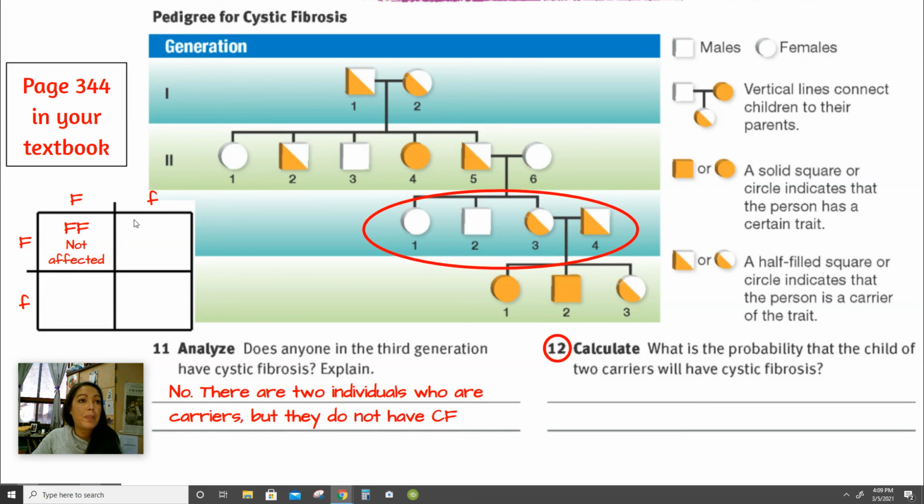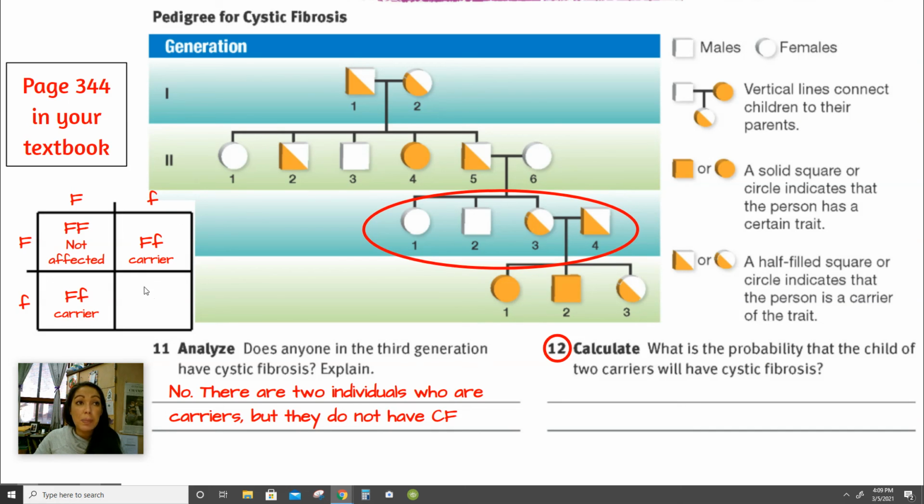My second possibility gets a capital F from the left parent, a lowercase f from the top parent. They don't have cystic fibrosis, but they carry it. My third possibility would get a capital F from top, a lowercase f from the side. They don't have cystic fibrosis, but again, they carry it.